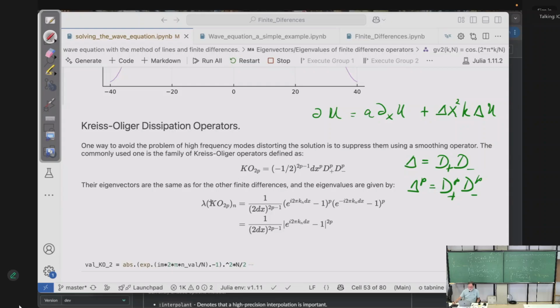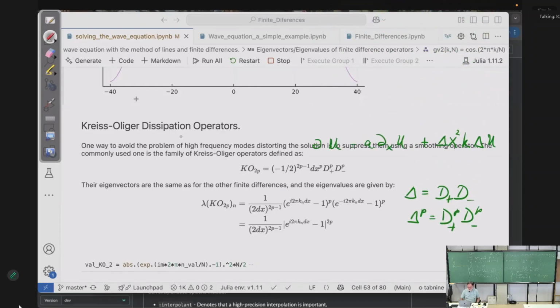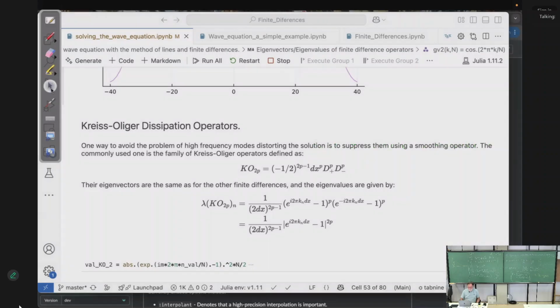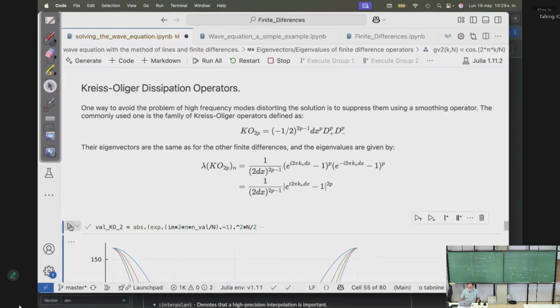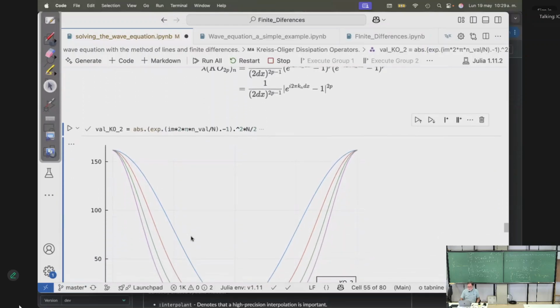So here you compute, for instance, the eigenvalue of this. You see that these are these things here. And here I made a plot of them, how they behave with frequency.